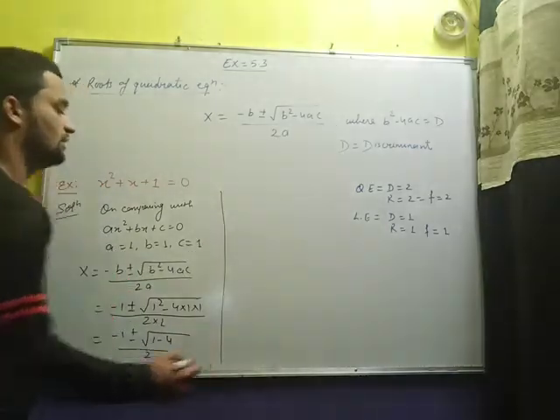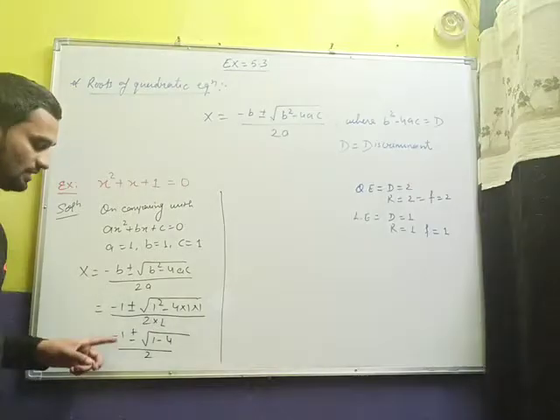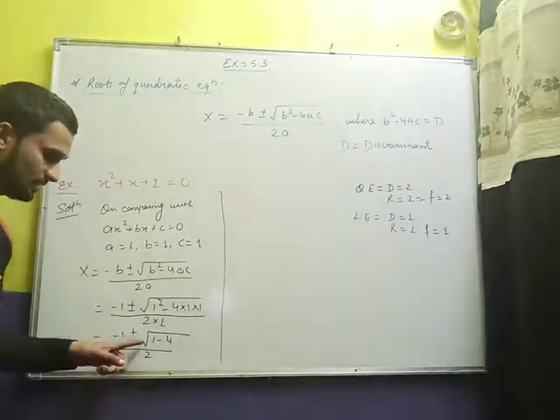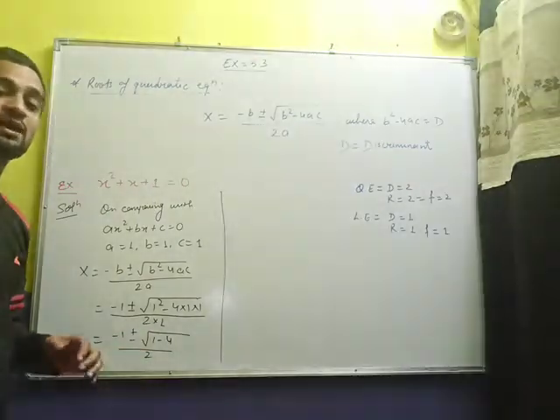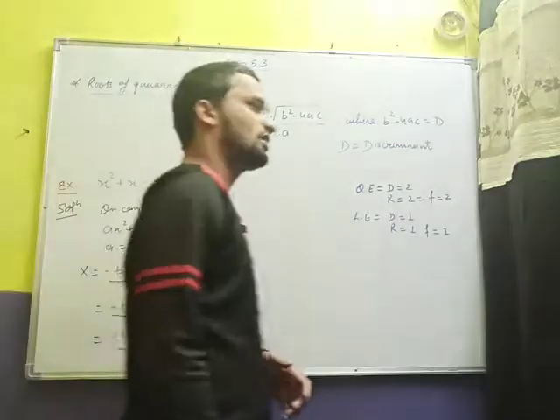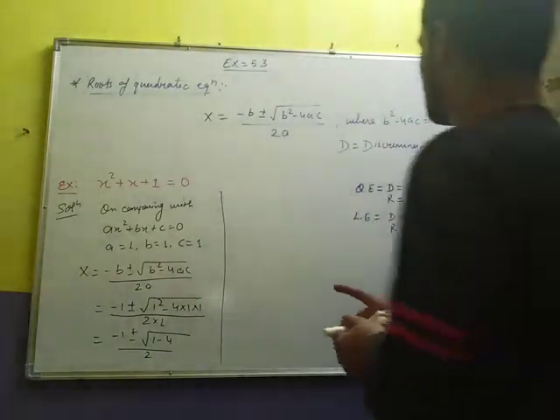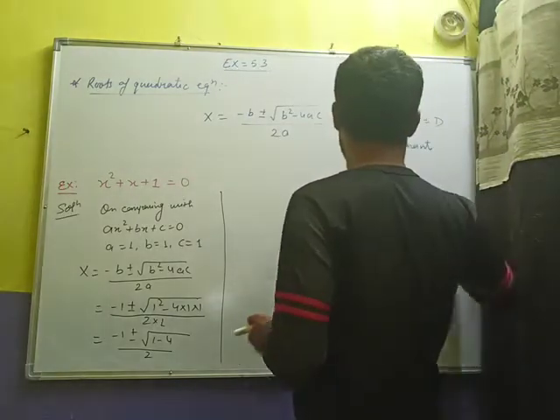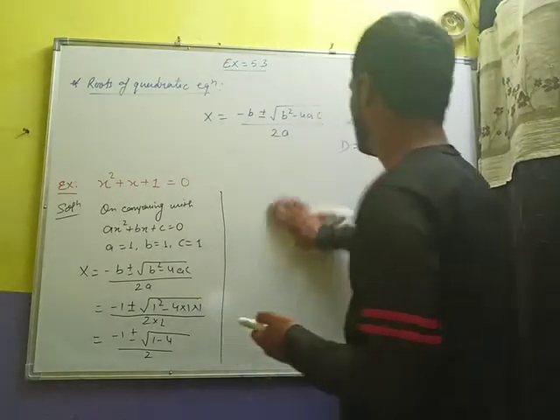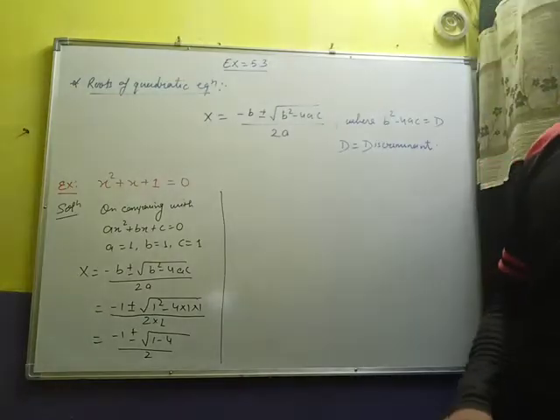So here you can see minus 1 plus minus, 1 minus 4 will give us minus 3 under root. That is not a real part. We have studied already in earlier exercises, if any negative number is coming under the root, then that belongs to the complex numbers.